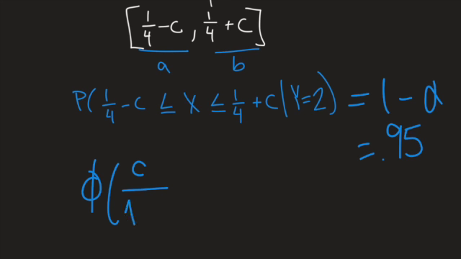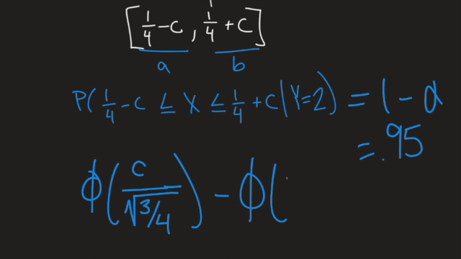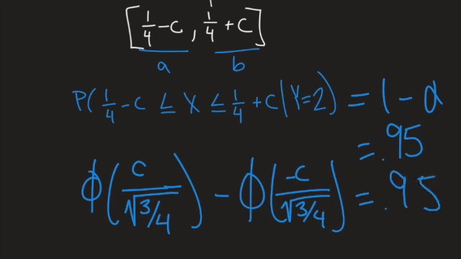And I have my square root here. 1 minus 1/4 is 3/4, and I have my 3/4 here as well. Keep in mind, this still equals 0.95. A negative and a negative make a positive.